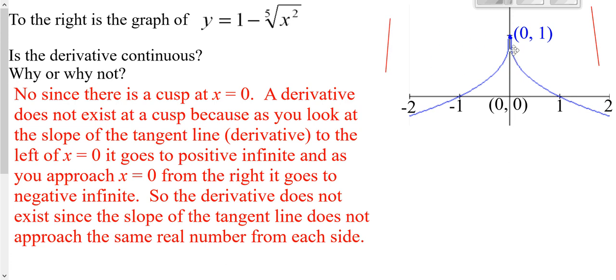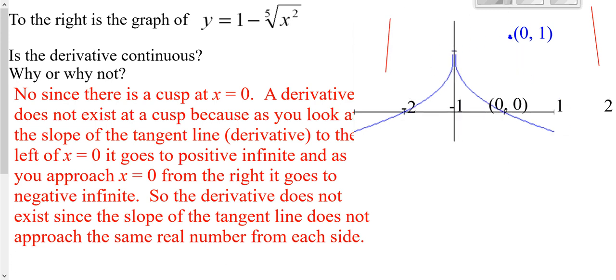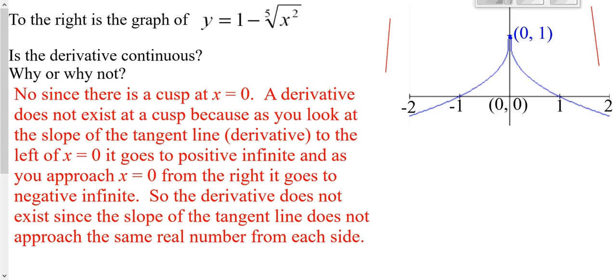However, once you get to the right of 0, oops, sorry, just a second, grabbed the wrong thing. Just to the right of 0 here, come on, there we go. It would be tangent lines like this here, which would be a negative slope because we're going down, but it would be a big value. So just to the right of 0, your derivative is a big negative number.